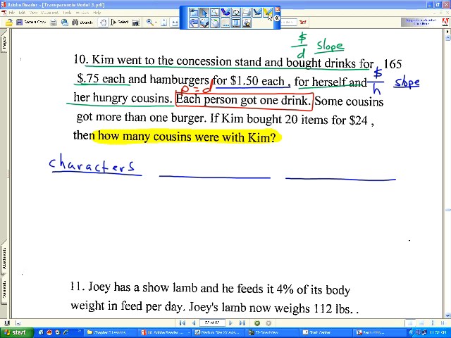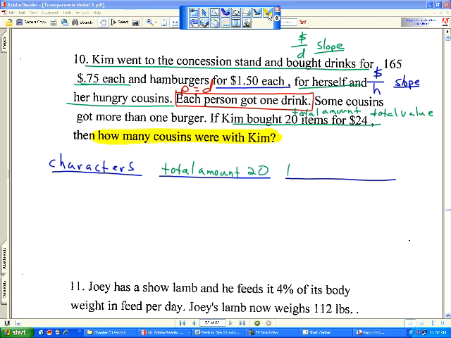If Kim bought 20 items for $24, what's that? Total amount of items and the total value of those items. And so we have a total amount and a total value that we want to make right. So those are our word sentences, right? Total amount, 20.